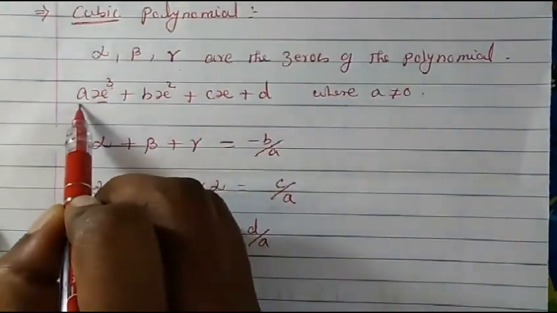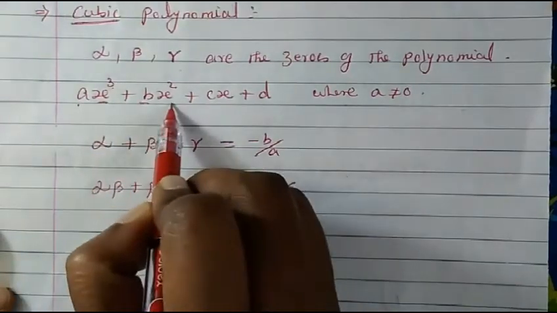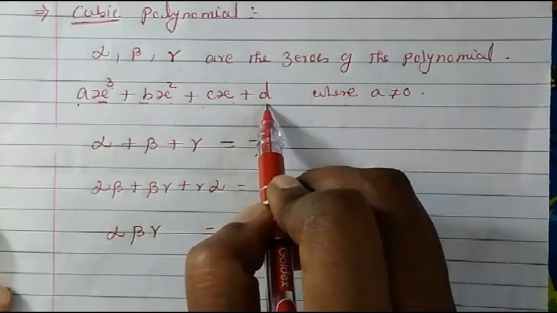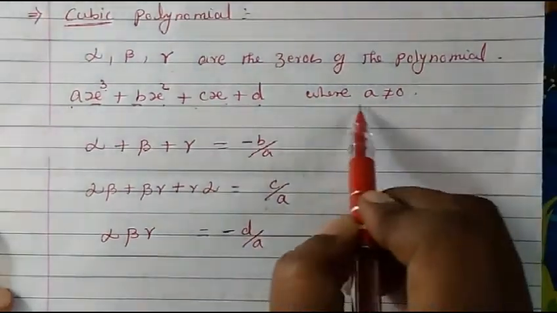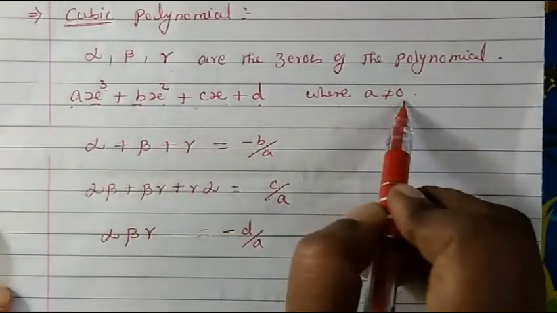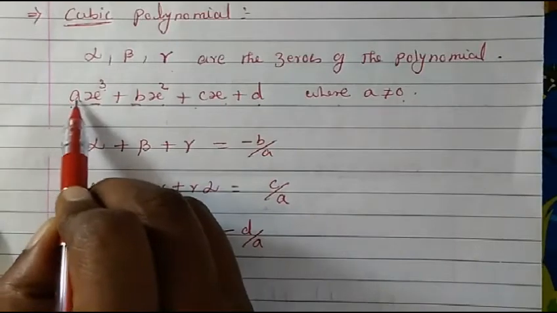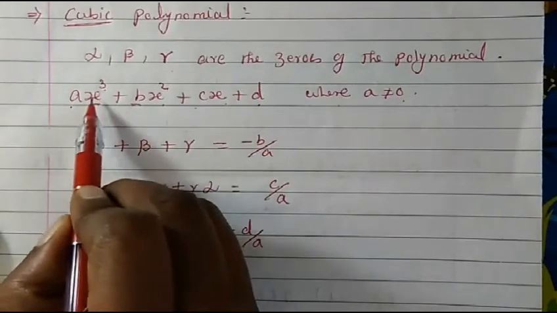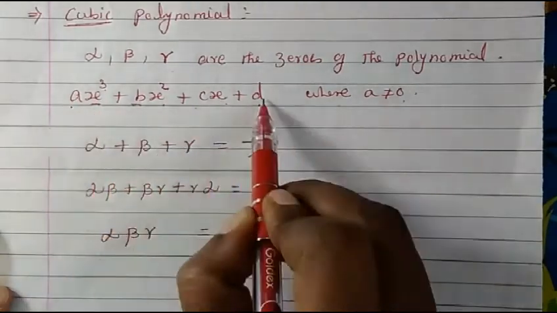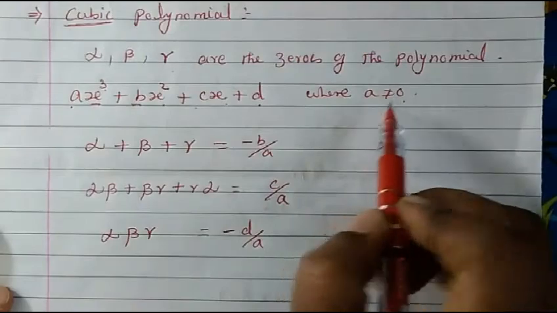Here a is the coefficient of x cube, b is the coefficient of x square, c is the coefficient of x, and d is the constant term. When we write polynomials, we write where a is not equal to 0, because if a is 0, then 0 into x cube becomes 0 and it is no more a cubic polynomial. So whenever we write a polynomial, we mention that a is not equal to 0. You don't need to worry about it.